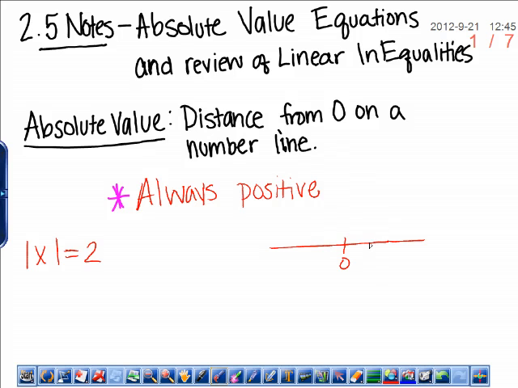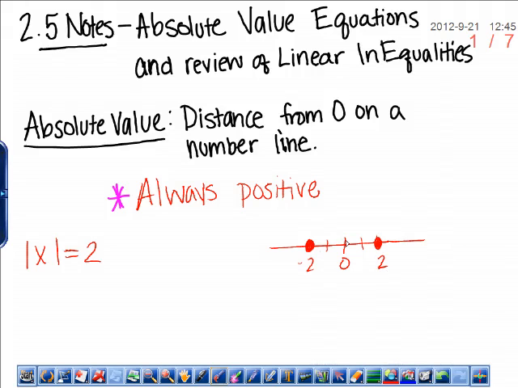What are those? All right, so -2 is a solution, and 2 is a solution. Everyone understand why both of these are solutions? Doesn't matter if you walk right or left, they both have an absolute value of 2.